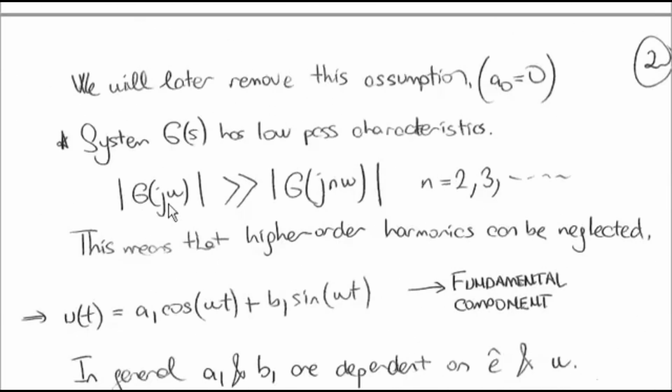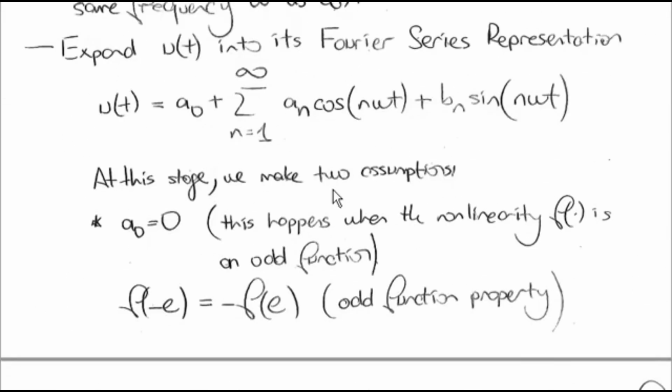So we're going to assume that the amplitude response at the fundamental frequency is much larger than the amplitude response at these higher-order frequencies here. With this assumption, we can neglect the higher-order harmonics. We can take them out from this summation here.